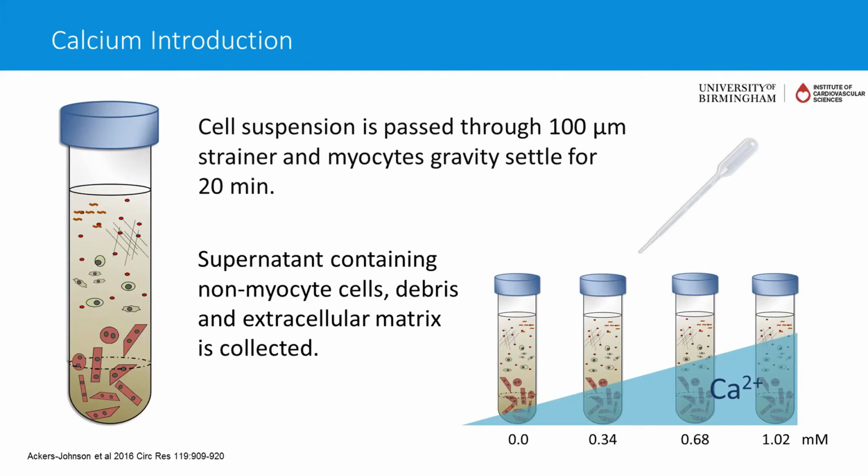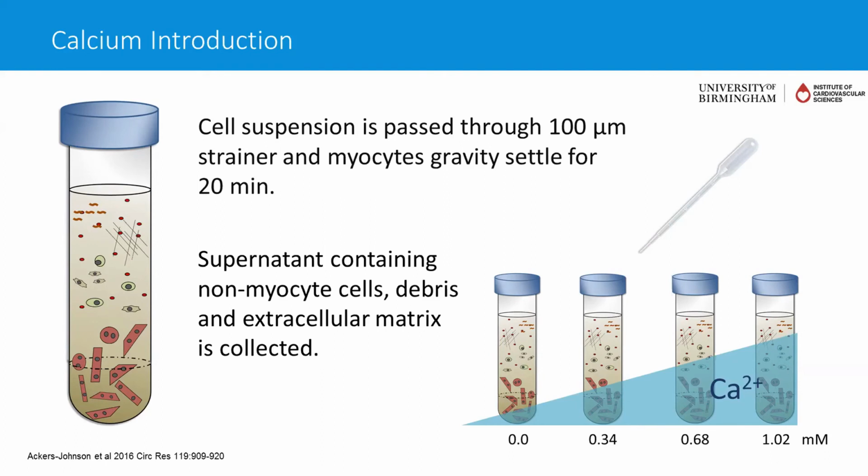So again, it really depends on what you want to do with this. If you want to do myocyte contractility, where you put myocytes back into the system, then you can already select by myocyte shape. But if you do biochemistry or molecular biology, you don't know what your contamination is until you measure it.